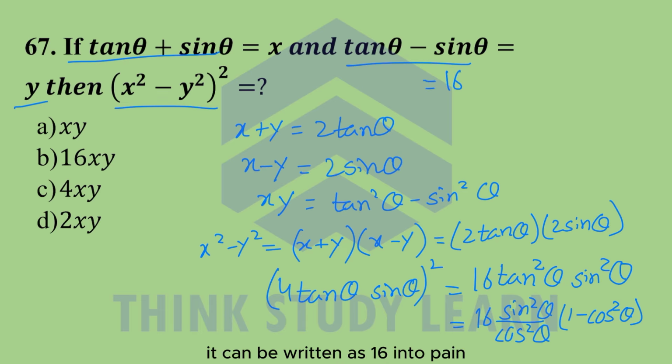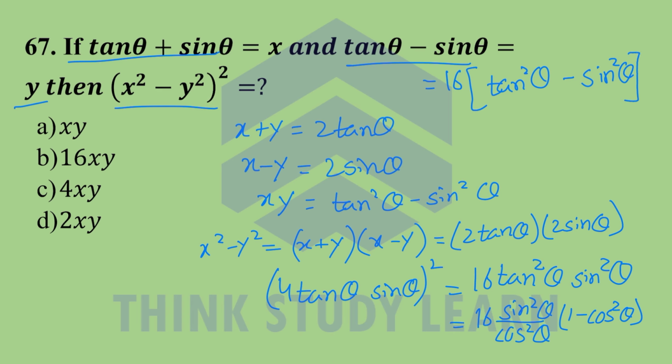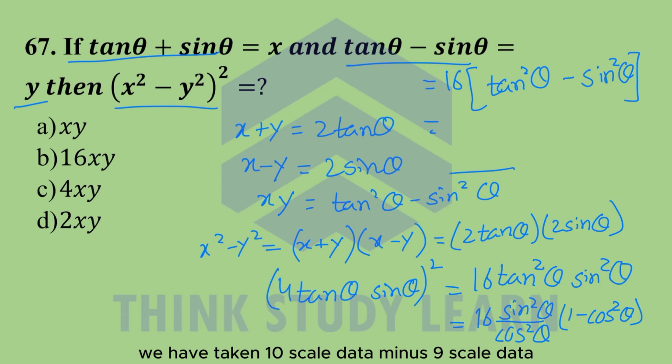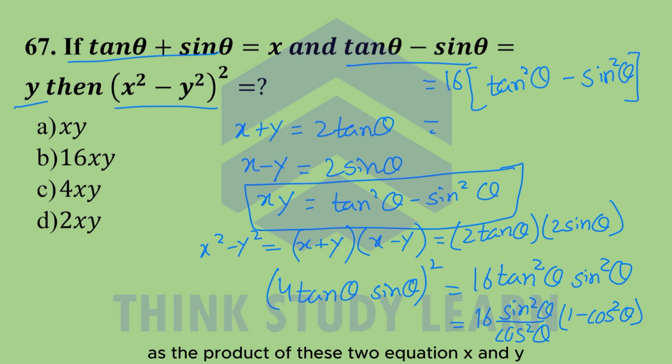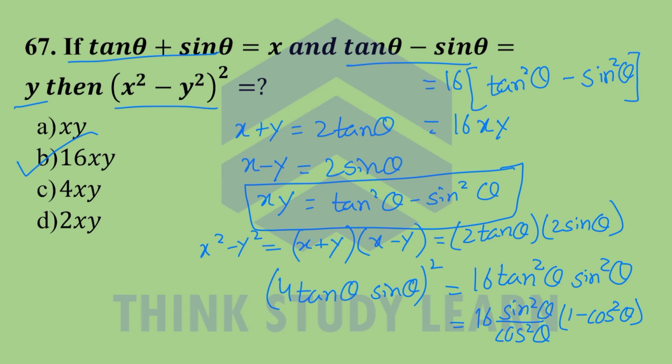It can be written as 16 into tan square theta minus sine square theta. We have taken tan square theta minus sine square theta as the product of these two equations x and y. So put the value of the product of these two equations x and y. The simplified equation will become 16xy. B option will be the right answer.